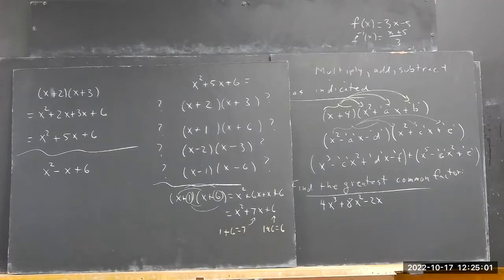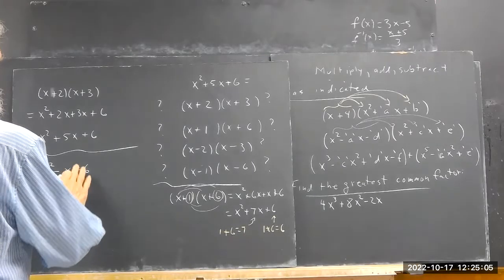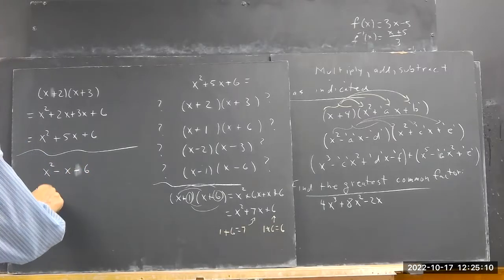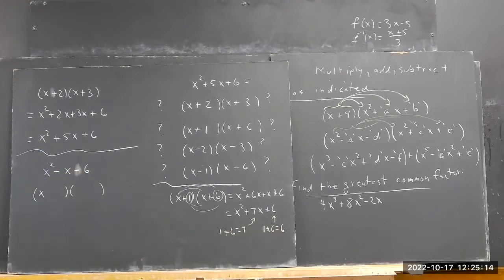Let's say we have x squared minus x plus 6. Now we need two numbers that multiply out to -6, right?